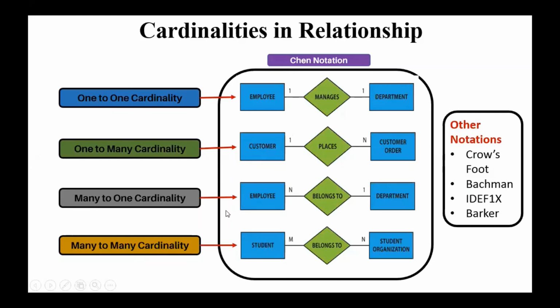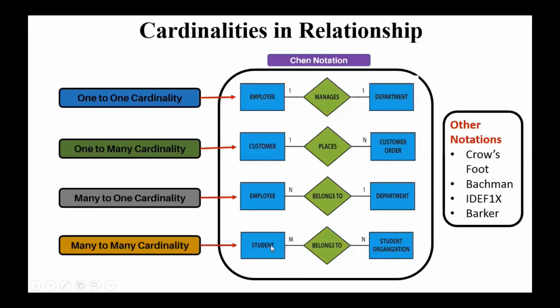Many to one is the reverse. Suppose one employee belongs to only one department, but one department can have many employees. So that becomes N:1. Whenever you write these notations, you write 1:1, 1:N, N:1. And for many to many, you write M:N.